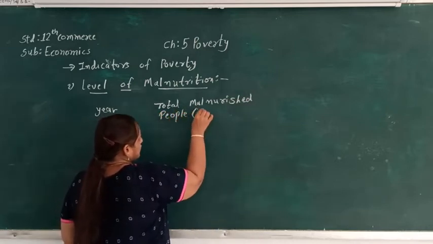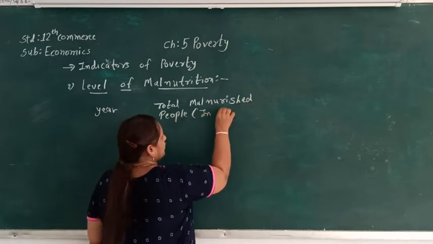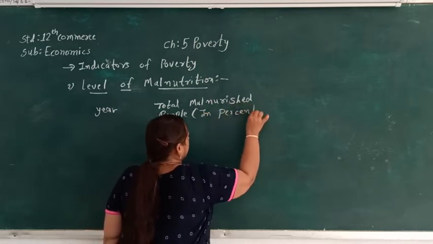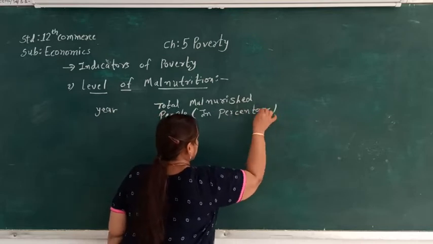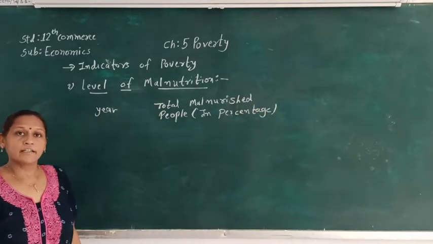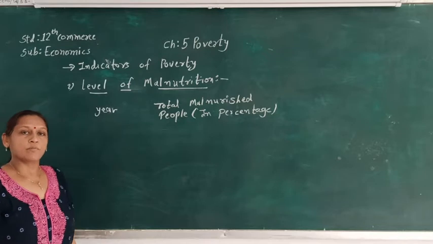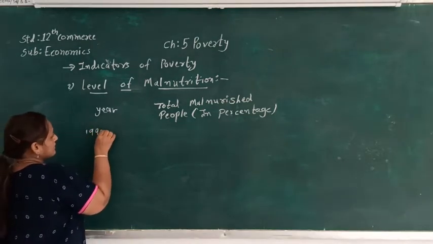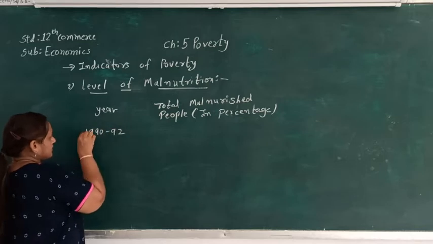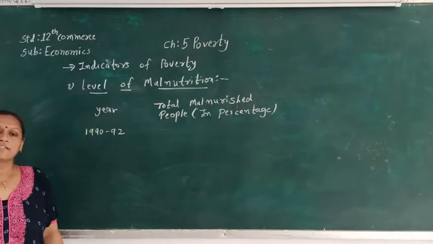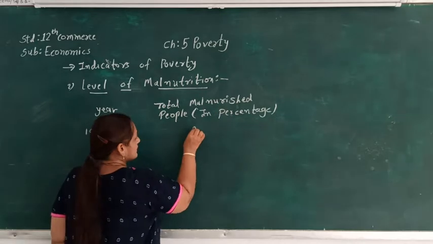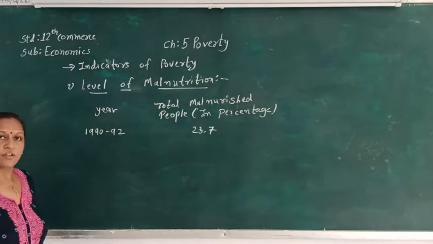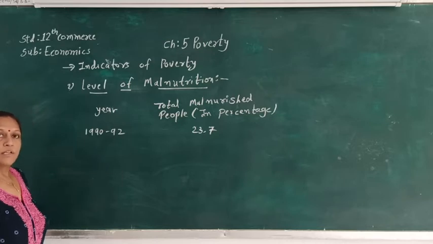And that we are going to see in percentage format. So here it is in a percentage of total population. So in the year 1992, there were 23.7% malnourished people of the total population.